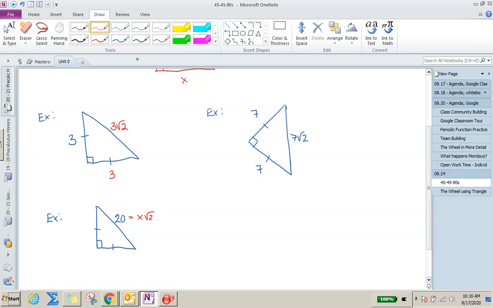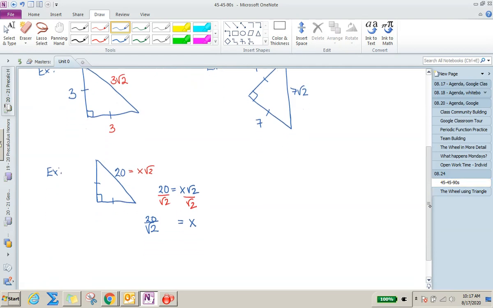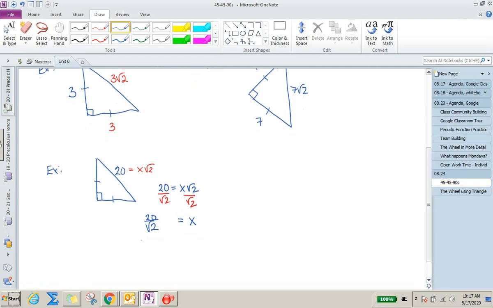So what we want to do is solve that equation. If we take 20 equals x root 2 and we solve, we can divide both sides by root 2. And on the right-hand side, we're left with x. And on the left-hand side, we're left with 20 divided by root 2. Now, you can leave your answer as 20 divided by root 2, but we like to rationalize.